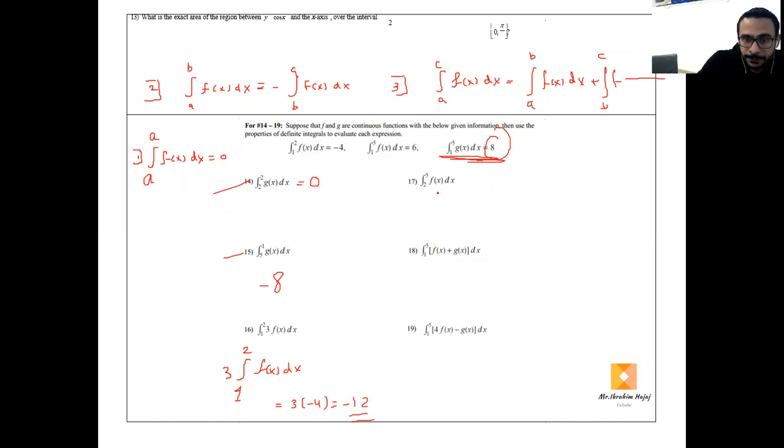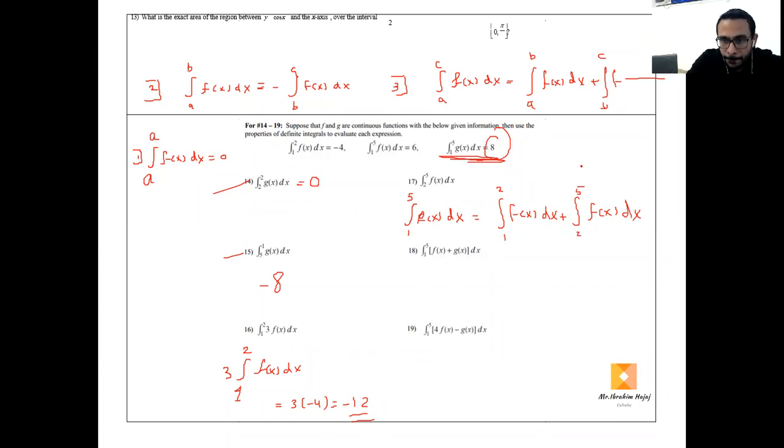Question 17, from 2 to 5. For f of x, I don't have 2 to 5, but I have 1 to 2 and 1 to 5. So let's write from 1 to 5 of f of x dx equal to what? I can split it into 2 parts: from 1 to 2 of f of x dx plus from 2 to 5.